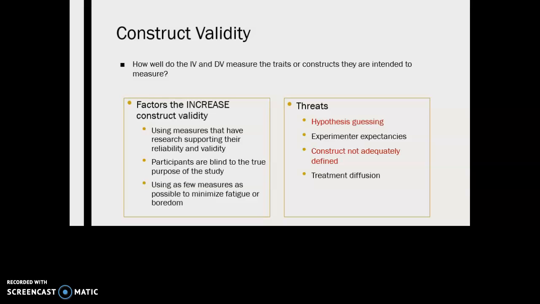The construct is not adequately defined. This is a particular problem if your manipulation is so vague that the participant actually doesn't pick up on it. So sometimes, it might be something like you're varying the gender of the participant in your description, and if the person isn't paying attention to that, then when they answer your dependent measure, we don't know exactly what they're responding to. So it's important that we adequately define the construct.